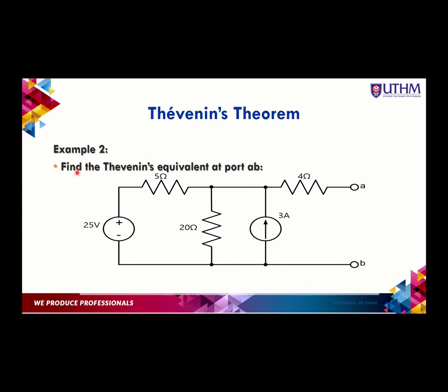Next we'll take a look at example number 2. Here we have a question similar to before, and we also have to find the Thevenin equivalent at port AB, only this time we have independent sources, a voltage source and also a current source.